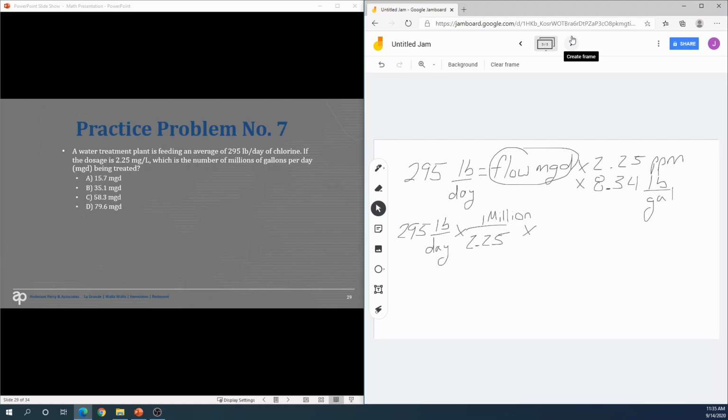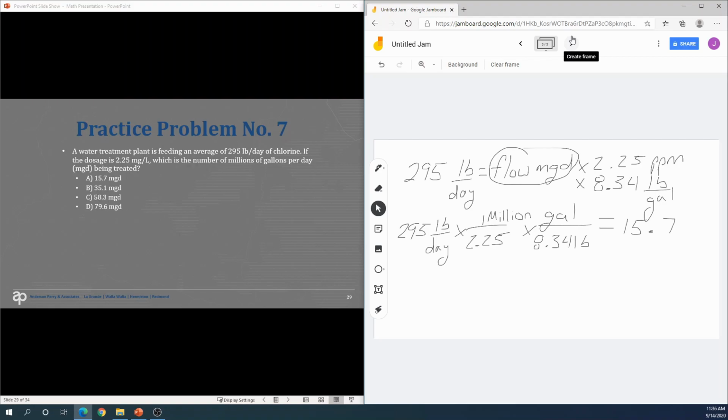So now, when I multiply this through, this equals 15.7.